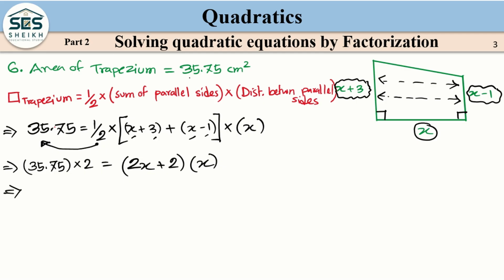So if we multiply this, 35.75 times 2 is 71.5, and we need to multiply this 2x with our x. So we have 2x squared plus this 2 with this x again, so 2x.